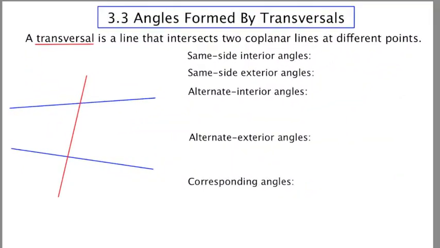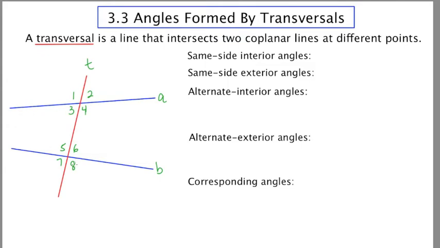So to refresh, we're going to pick up where we left off. This is line A, this is line B, this is transversal T. 1, 2, 3, 4, 5, 6, 7, 8.